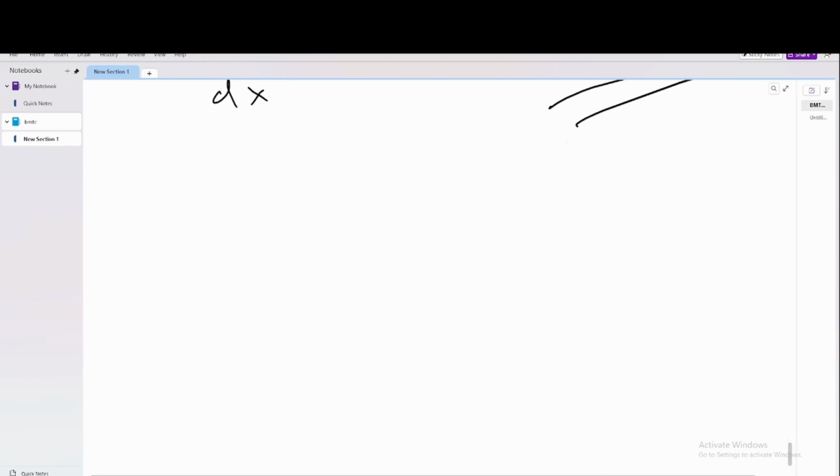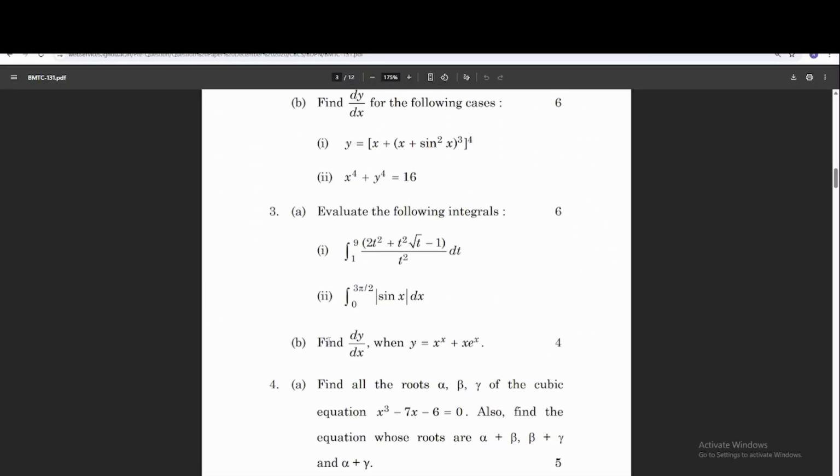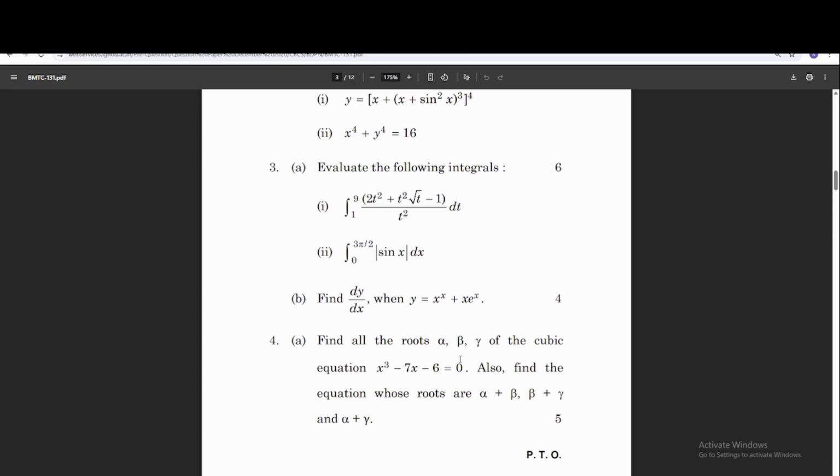So the next question is: find all the roots alpha, beta, gamma of the cubic equation x cube minus 7x minus 6 is equal to 0. Also find the equation whose roots are alpha plus beta, beta plus gamma and alpha plus gamma.